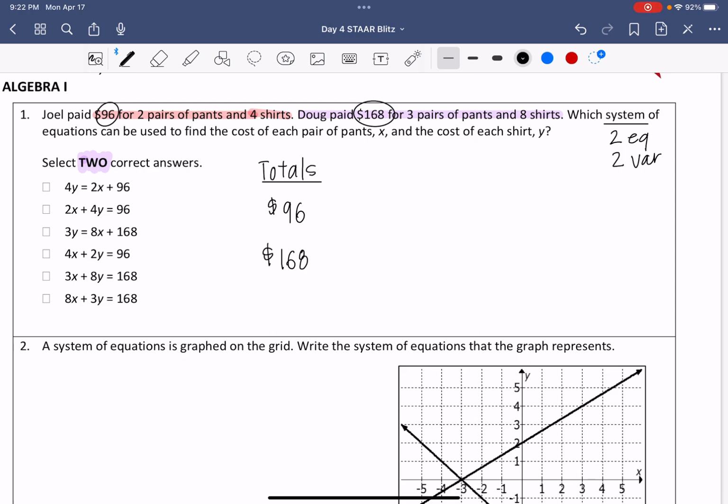All right, so now we need to talk about what did they buy. Well, it tells us that Joel spent $96 on 2 pairs of pants and 4 shirts. So let's make pants X and shirts Y. It says a pair of pants is X and each cost of shirt is Y. So if he spent $96 on 2 pairs of pants, that's 2 times our pants, so 2X, plus our 4 shirts, so 4Y.